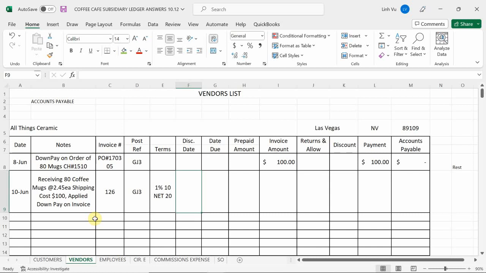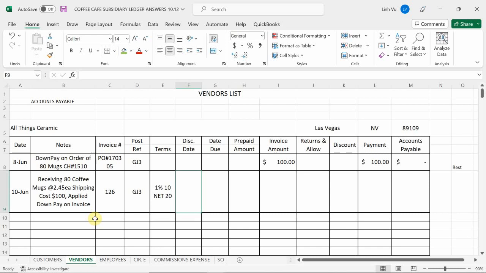Now again, if you're taking the advanced Excel class, you should know how to do conditions, to set it up so that you can flag when your discount date is coming near, or if and when you're going to make a payment. You'll be aware of your due date.